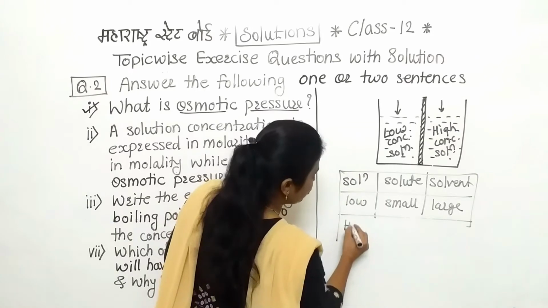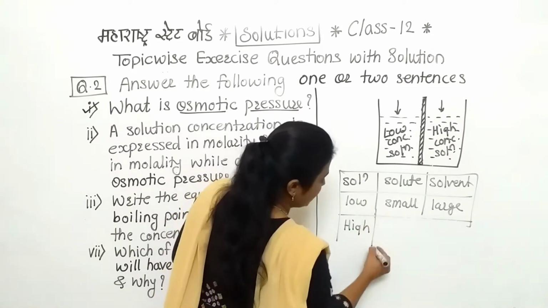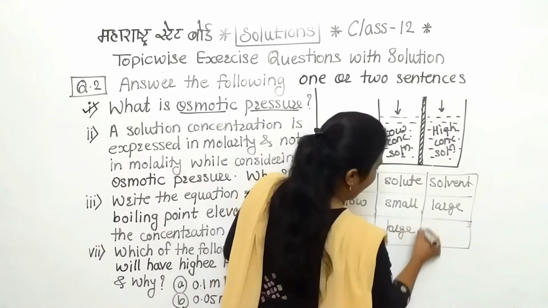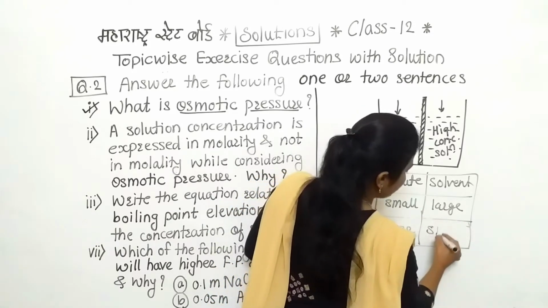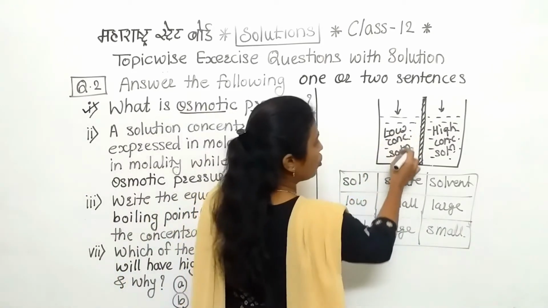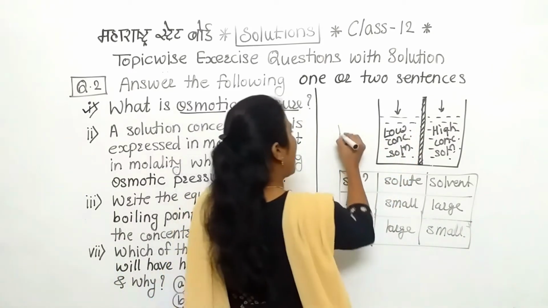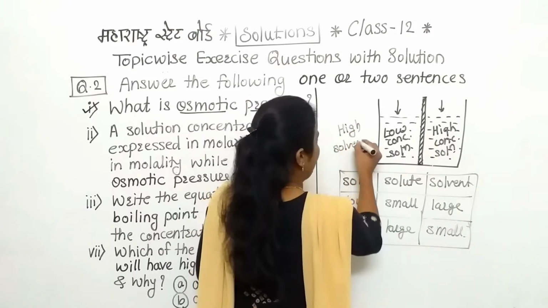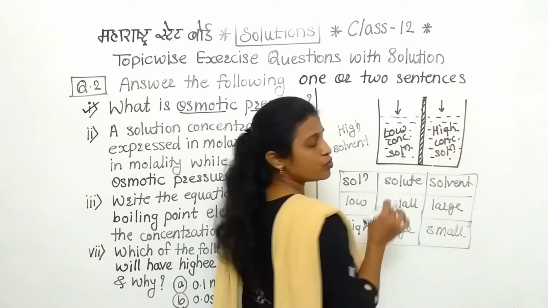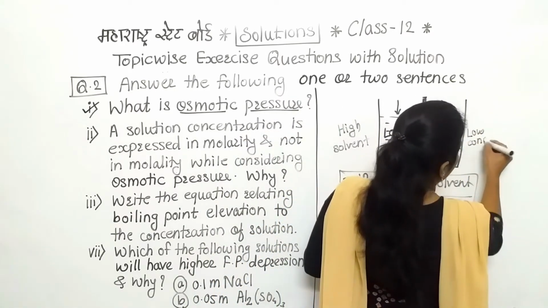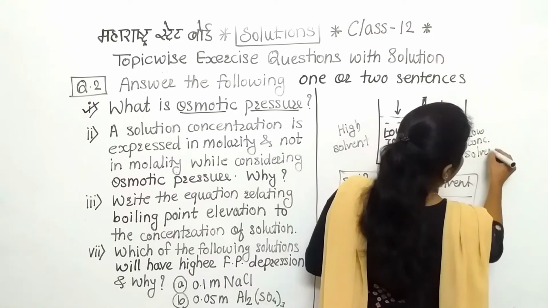If the solution is of high concentration, then solute will be in a large quantity and solvent will be in a small quantity. So here there is a low concentration of solution but a high concentration of solvent. Here there is a high concentration of solution, but a low concentration of solvent.